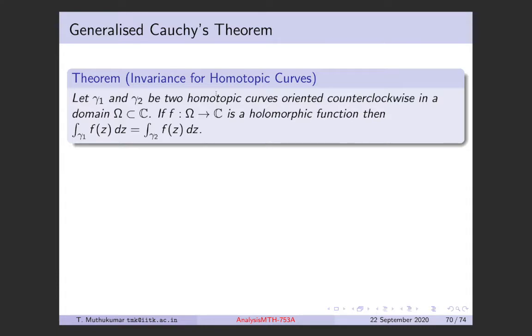In fact, if you know this theorem, the previous Cauchy theorem that we proved is a consequence of it, because in a simply connected domain omega, every loop is homotopic to a point. So the integral over a loop is the integral over the point. A point you can think of as a constant curve, which takes the same value for all t.